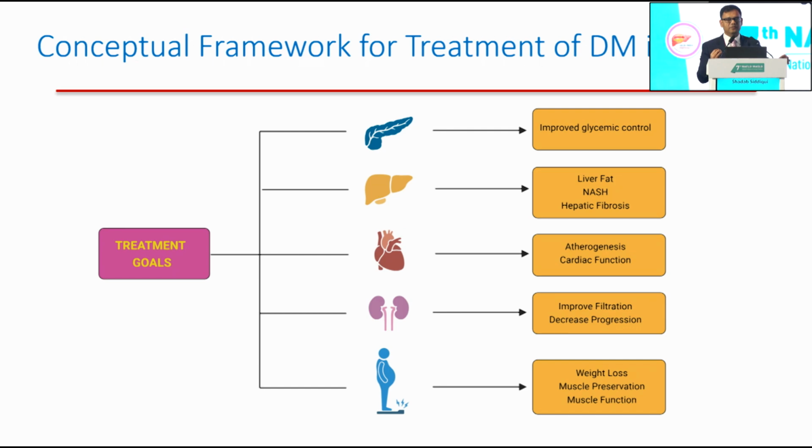So at the end of the day, we don't protect their liver, or their diabetes, but they die of a heart attack, they die of a cancer, or so on. So the approach to managing these patients is not a single disease or single organ, but rather the entire patient. So with that conceptual framework in mind, I'm going to show some of the more commonly used medications that have activity both for diabetes and liver disease, and how they affect overall metabolic health.